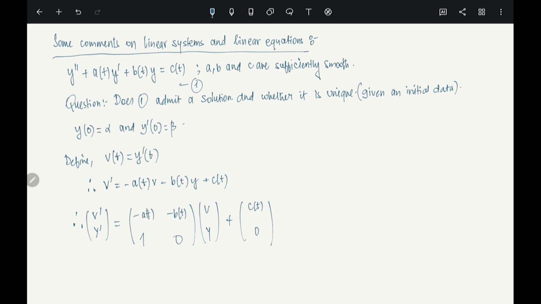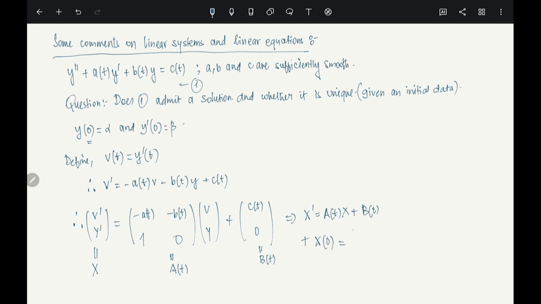Clear? Now if you define this thing as capital X, this matrix, which of course depends on t, as A of t, and this forcing term as B of t, then we can write it as x prime equals A of t times x plus B of t, plus the initial data. What is the initial data? Initial data is y at the point 0 is alpha, and y prime, which is v, at the point 0 is beta. So what is x at the point 0?